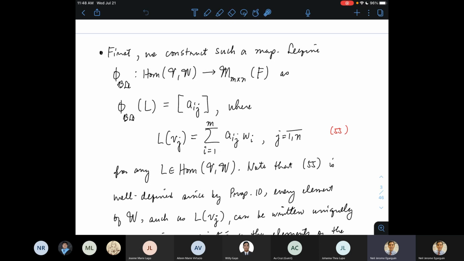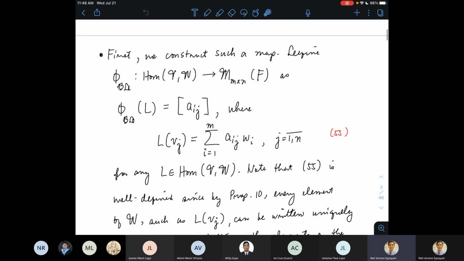So ganun yung nangyayari. Get a vector in the basis of the domain, si Vj, compute mo yung image niya under L. Tapos pag na-compute mo na yung image, kailangan mo kunin yung basis expansion ng image with respect to the basis D. Okay? And then that scalar coefficient for each of the Wi's will serve as your corresponding entry in the matrix.